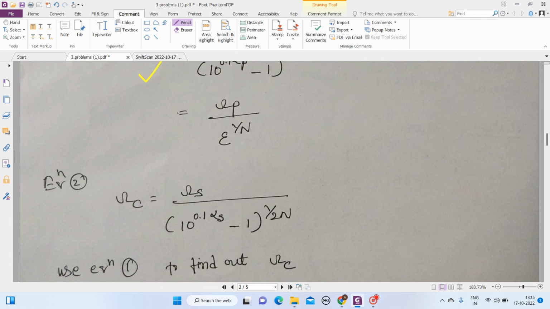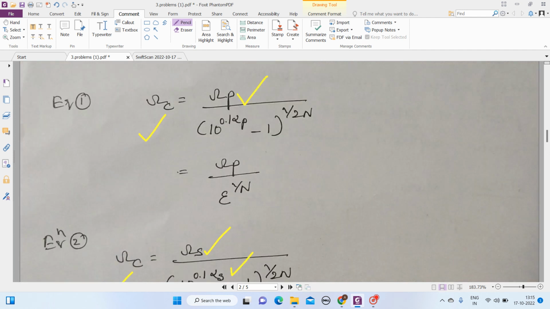Another equation uses only the stopband frequency and stopband attenuation, with which we can also find the cutoff frequency. There are no rules or conditions about which equation we can use to find the cutoff frequency.